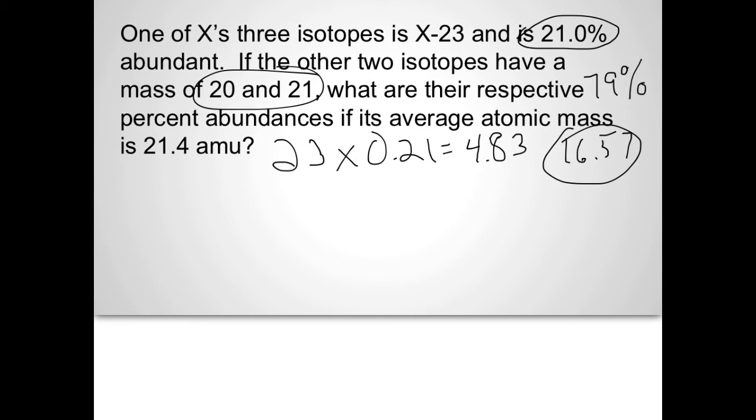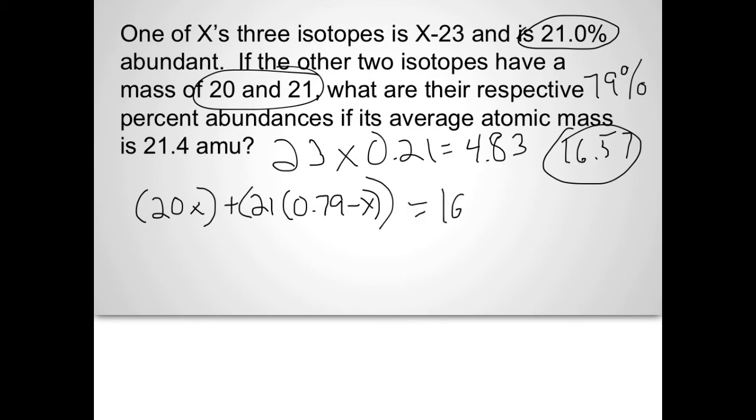So we can say that the mass of isotope 20 times X plus the mass of isotope 21 times 0.79 minus X, because the two have to combine to 0.79, equals the amount of mass that we're looking for, 16.57. So if we solve that equation, we end up with X equals 0.02, which would be 2%.